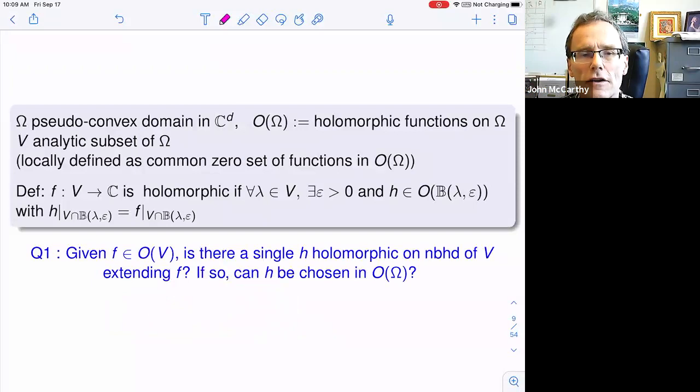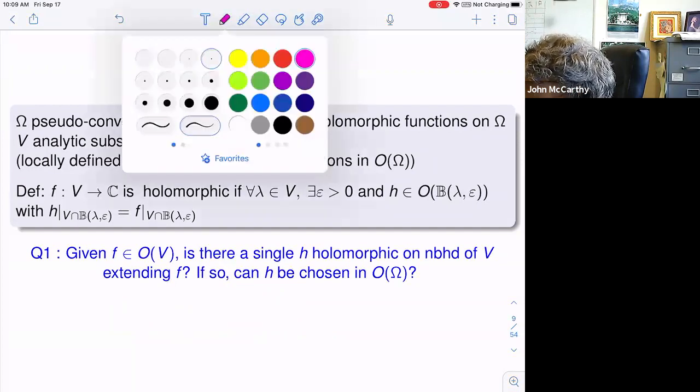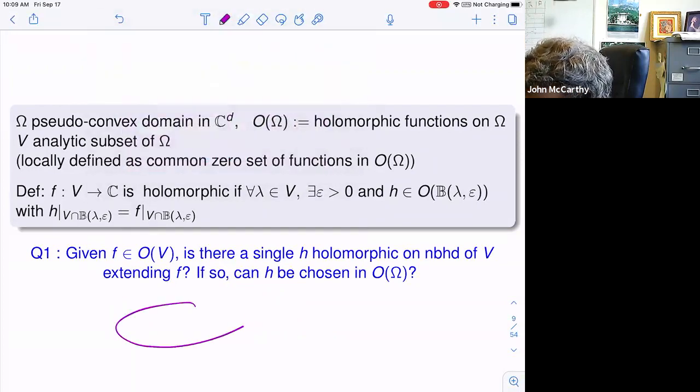And then the first question is, if I have such a function, so I go back to, here's omega, and here's V. Oh, sorry, V had a hole in it, didn't it? A curve in it. Let's make V more exciting.